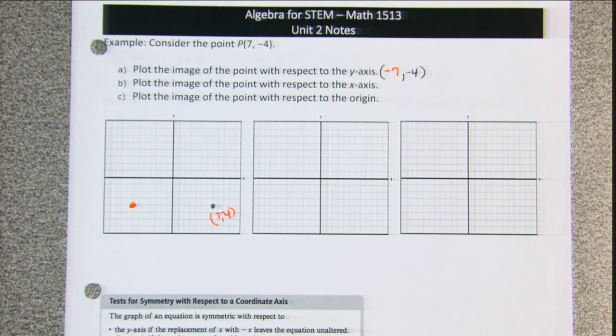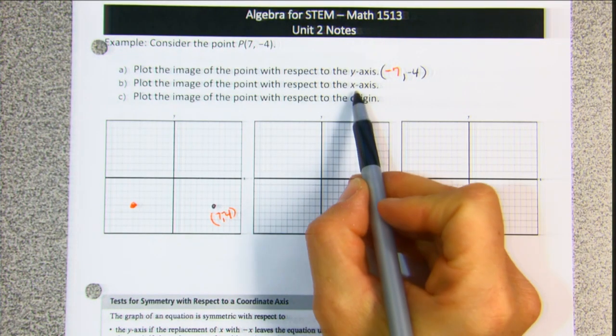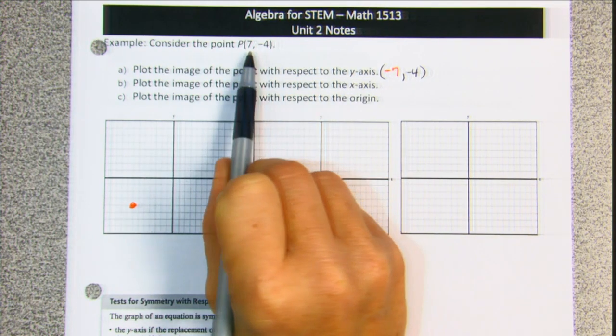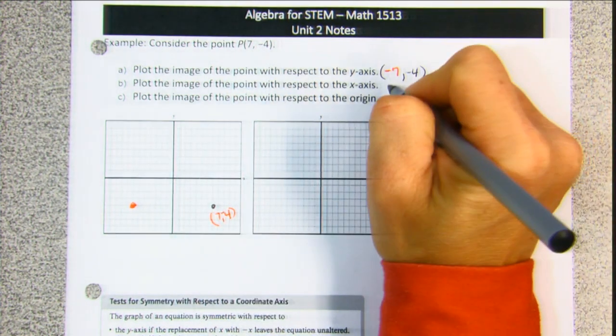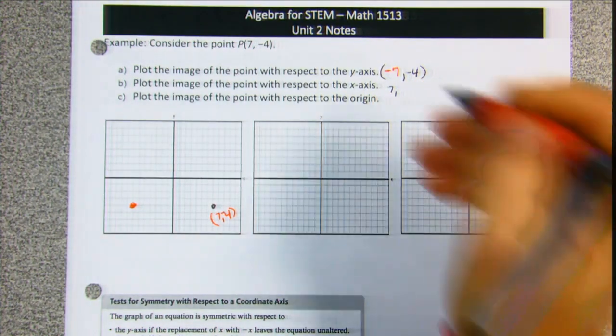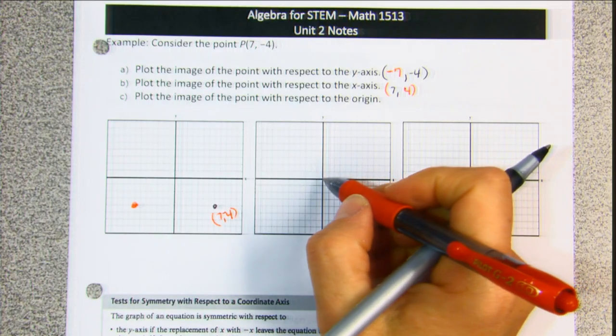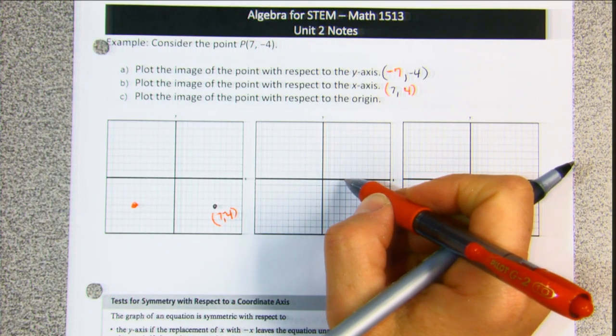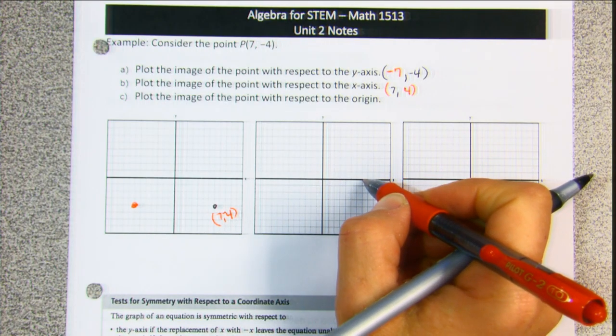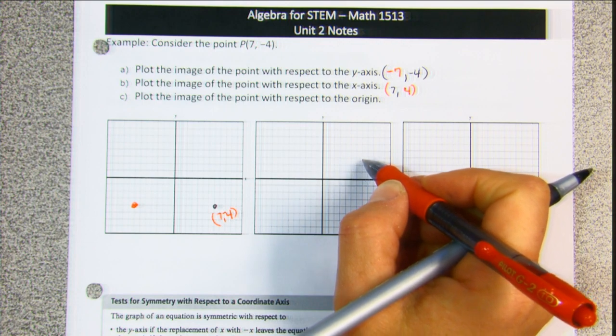How about if I were plotting an image with respect to the x-axis? Which part of the coordinate changes signs? The y. So 7 stays the same, and we now have a +4. So we'd go over 7. 1, 2, 3, 4, 5, 6, 7, up 4. 1, 2, 3, 4.